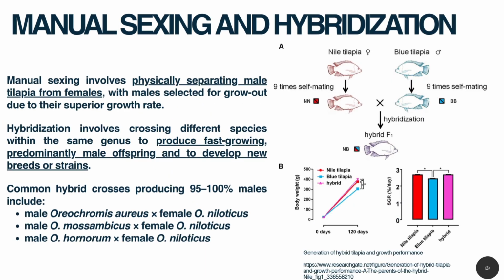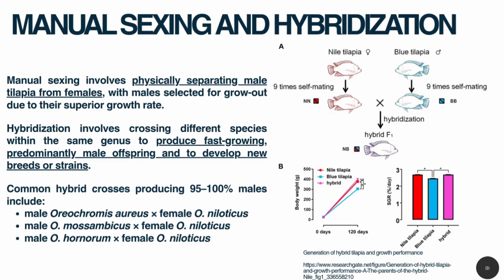To achieve monosex culture, one common approach is manual sexing and hybridization. Manual sexing involves physically identifying and separating male tilapia from females, with only males selected for grow out because of their superior growth rate. Hybridization, on the other hand, involves crossing different species within the same genus to produce fast-growing and predominantly male offspring.